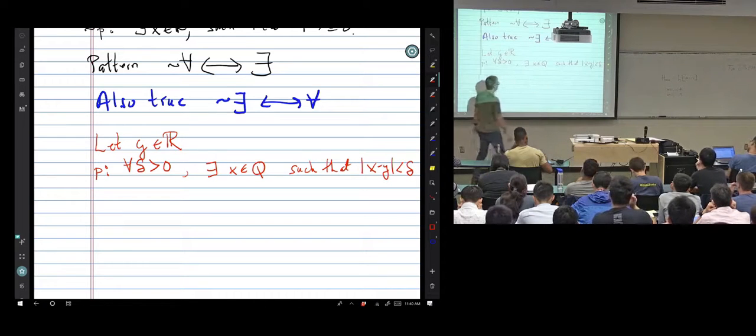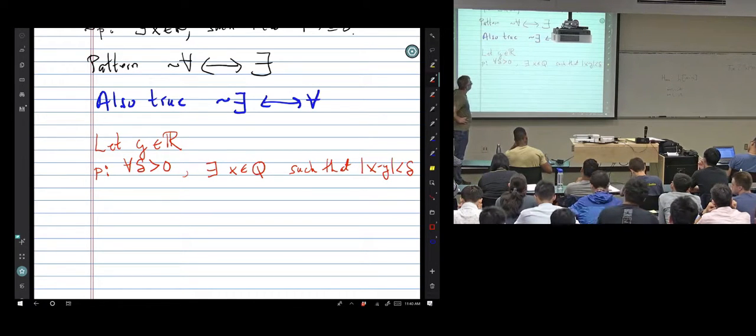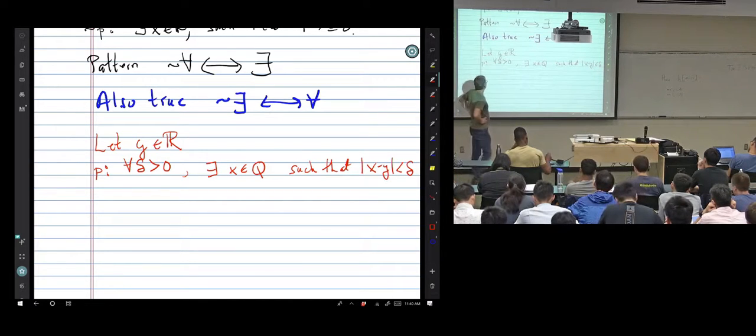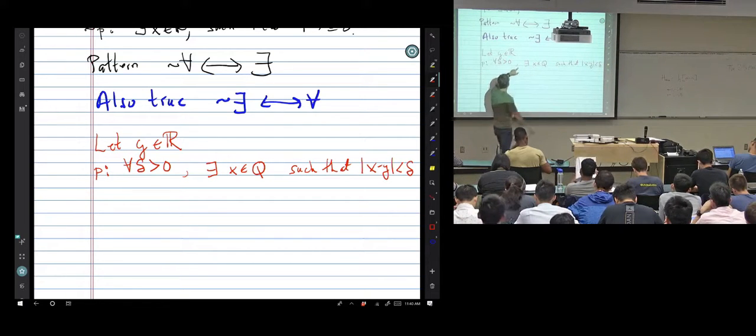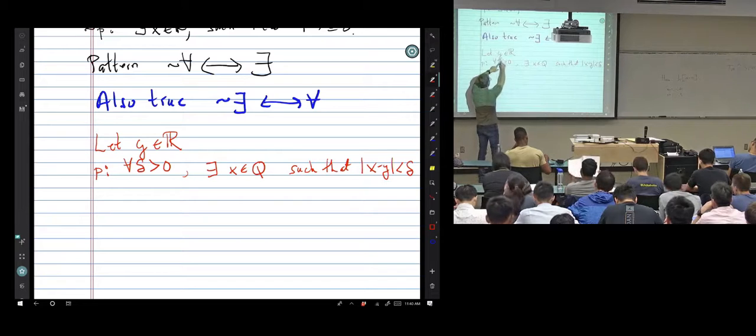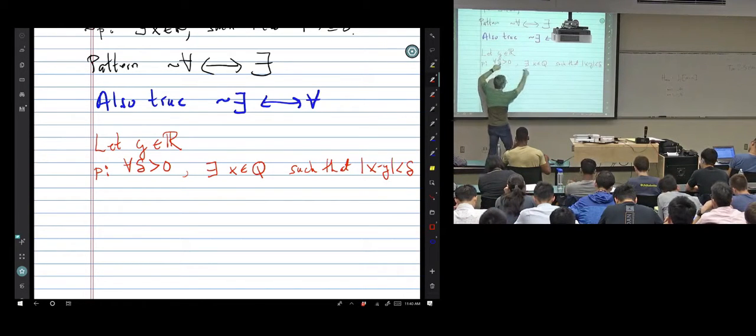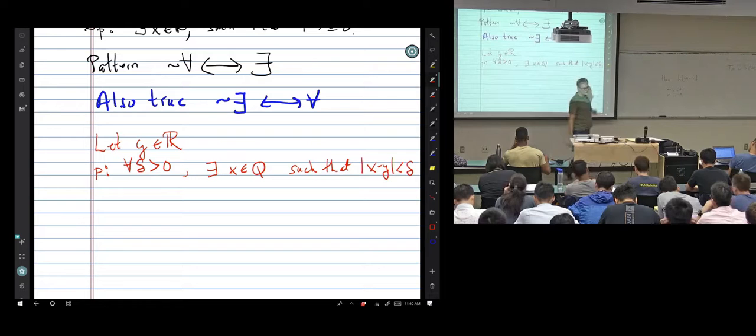It even could be smaller than delta. So here's my statement. It's really essentially a defining thing of the reals, okay? So any real number can be approximated arbitrarily closely by a rational number.